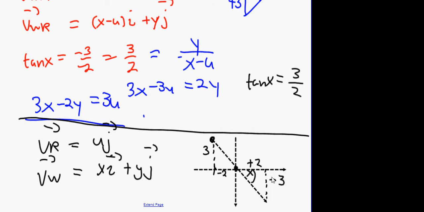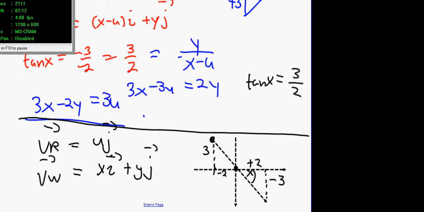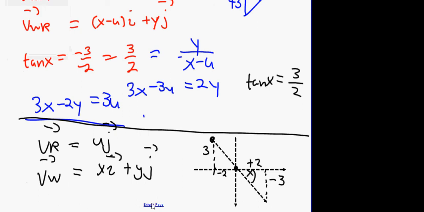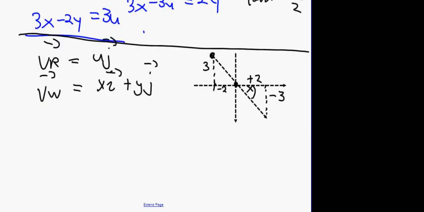You can't use minus 3 over 2, because otherwise you'll get an obtuse angle. So vWR, you don't actually know, but what you do know is its direction. vWR is vW minus vR.